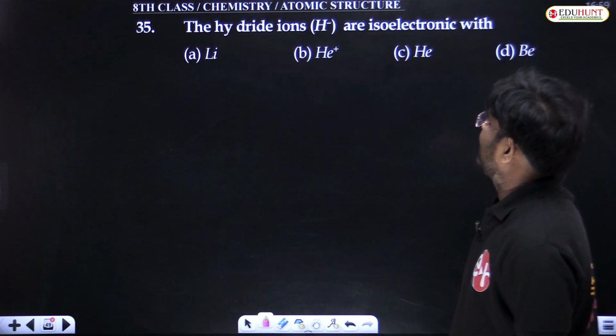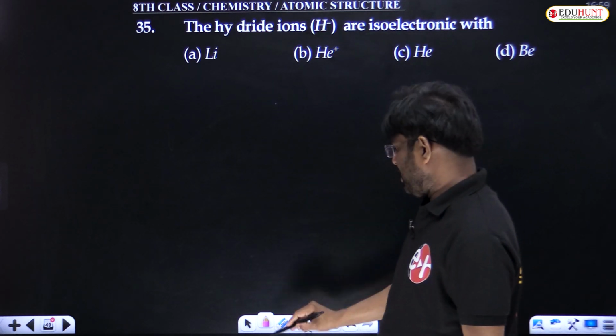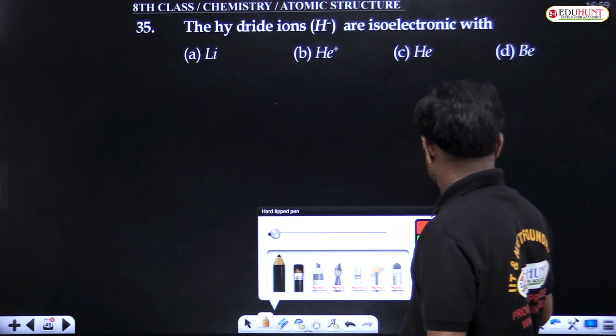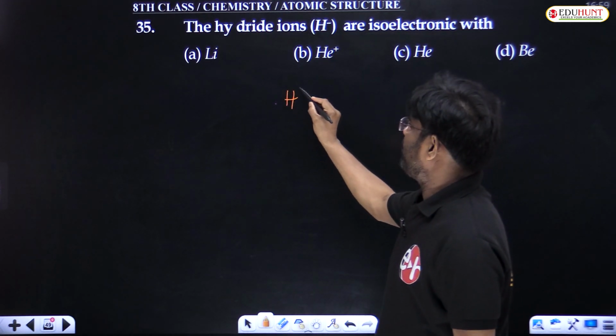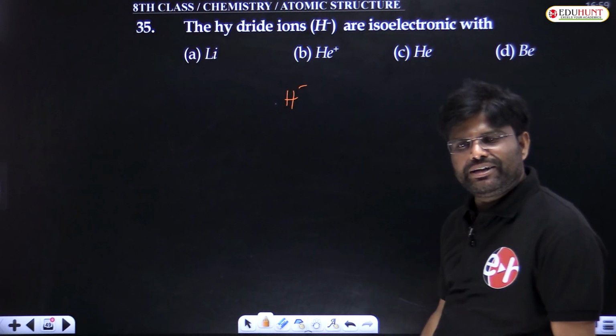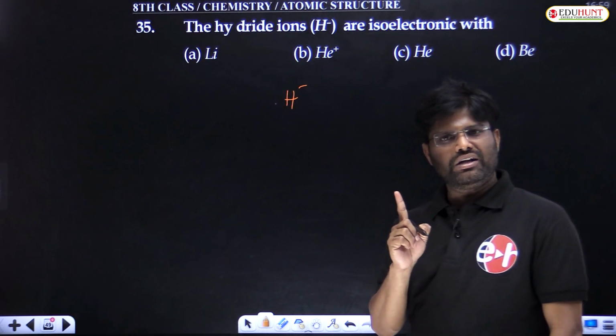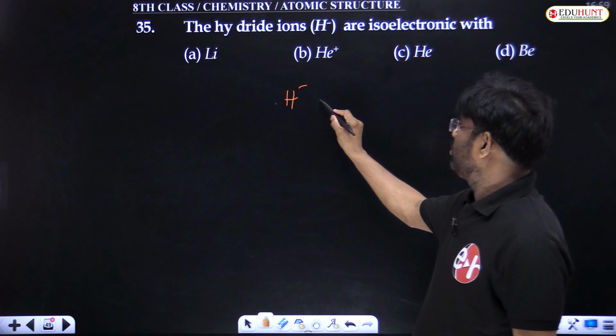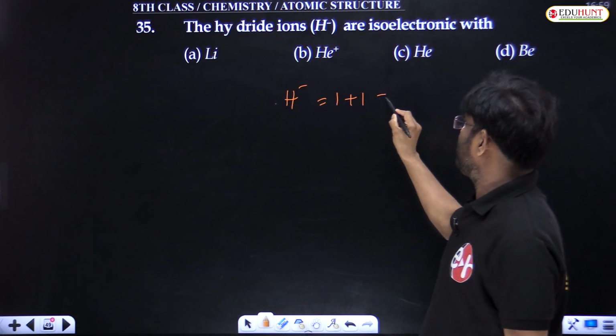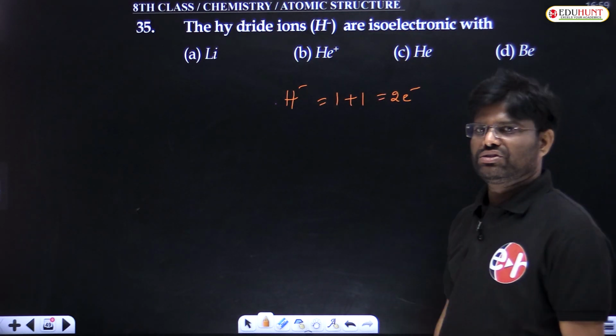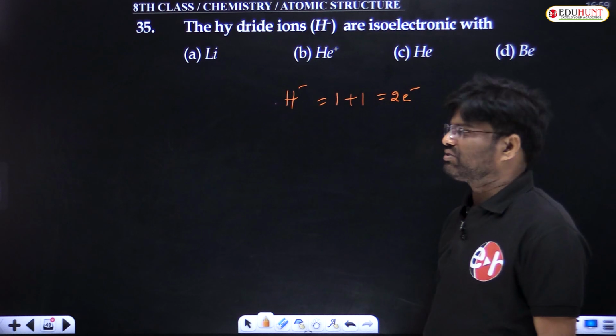Hydride is nothing but what? Hydride is H minus. H means atomic number is 1, minus means 1 more electron. So 1 plus 1, how much is it? 2 electrons.